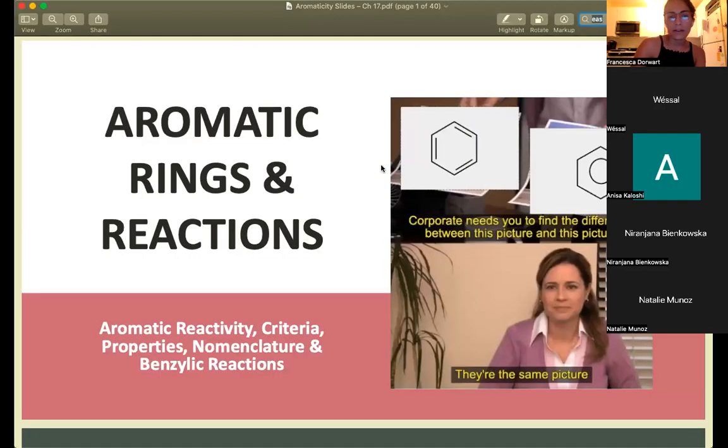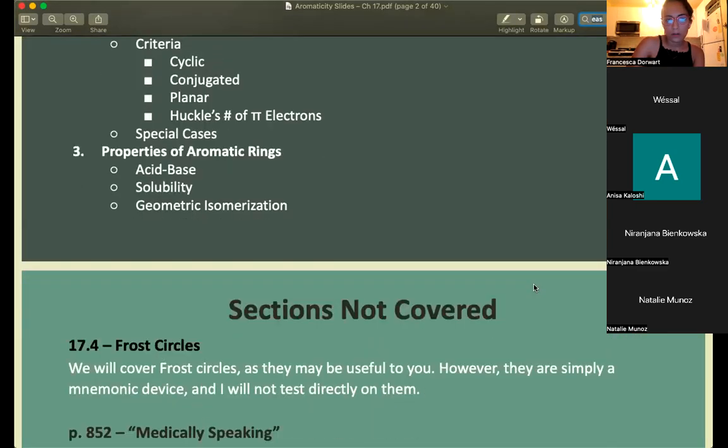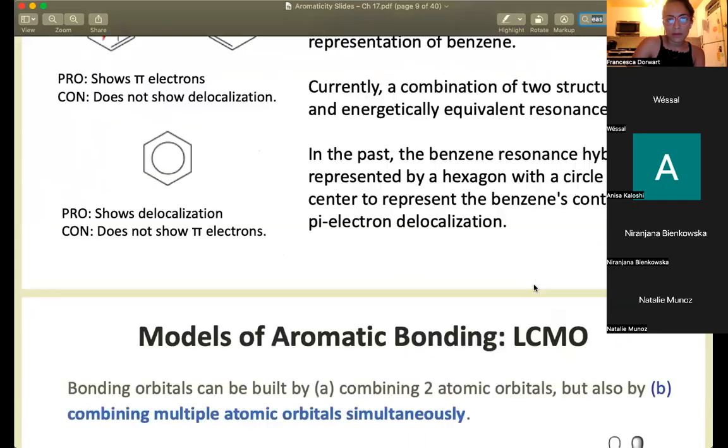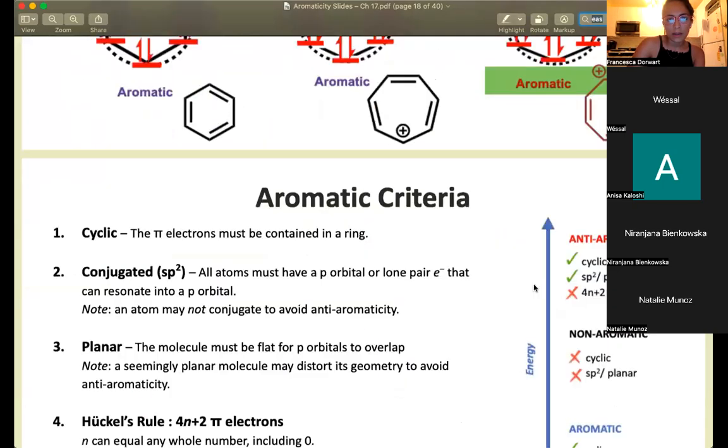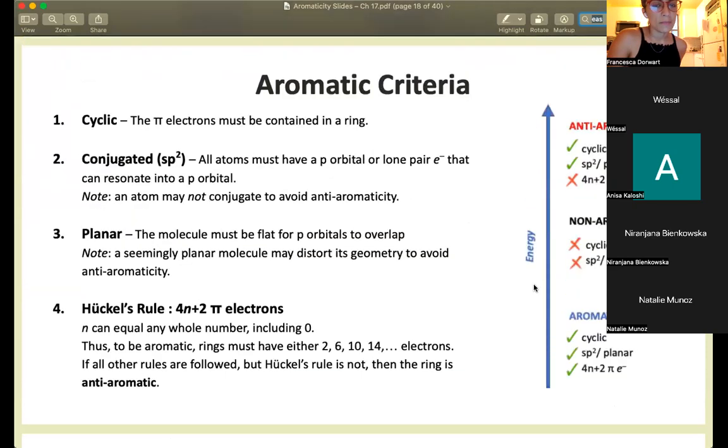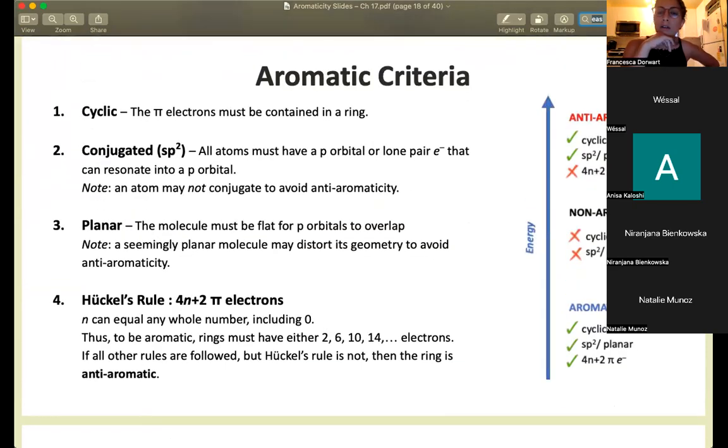Okay. All right, so we've got our different aspects about resonance. Okay, so we've got our aromatic criteria. Notice we have our energy spectrum, I suppose we could say, where we're at our lowest energy down at aromatic molecules and our highest energy up at anti-aromatic.